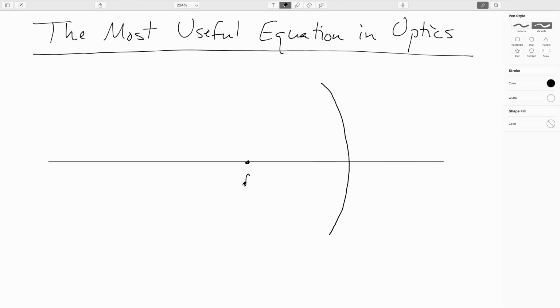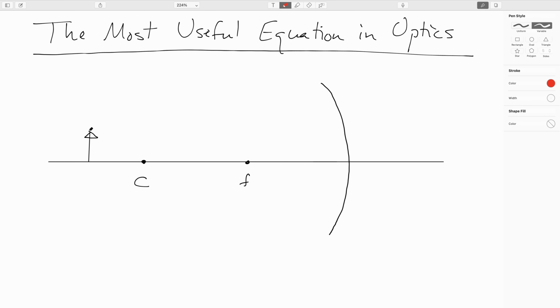Here's the focal point. Remember, the center of curvature is 2 focal lengths away from the mirror. And so in a case 1 situation, our object will be located outside the center of curvature.